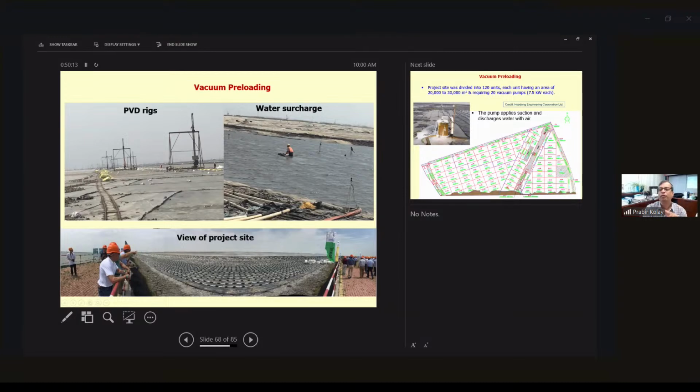A water surcharge is sometimes difficult. So here, in this project in Shanghai, as I mentioned, it's a huge area. Most of the time, what they did in this project was take dredging material from the sea and pump it.